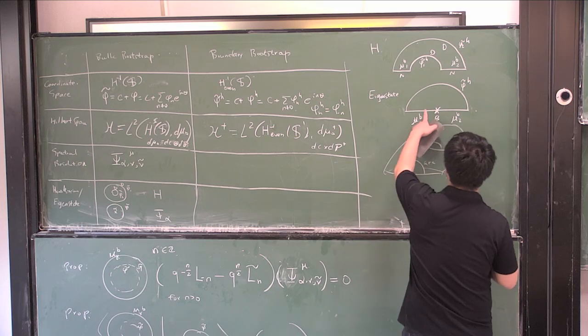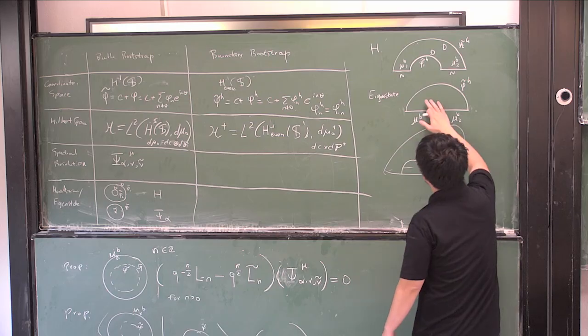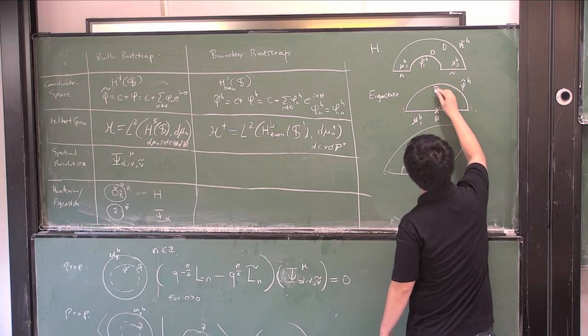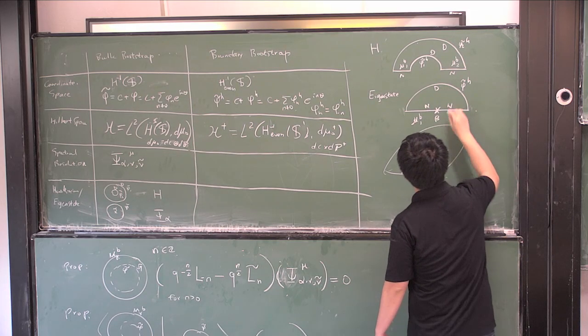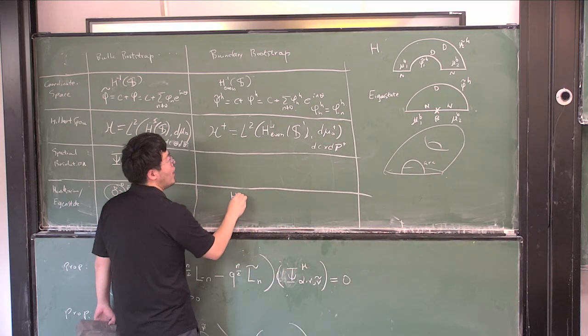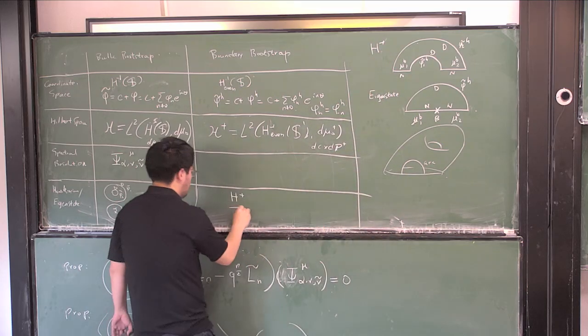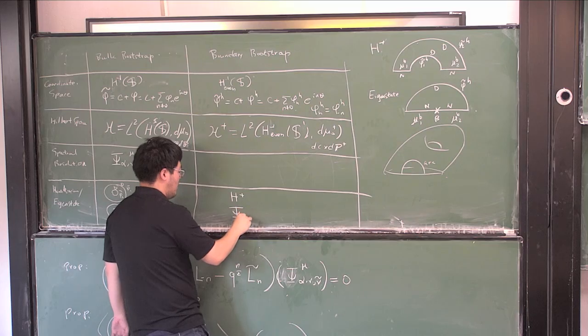When you define the amplitude, you need to introduce a Gaussian free field, and the Gaussian free field you choose has the Dirichlet boundary condition and the Neumann boundary condition here. This we call H plus, and for the eigenstate, we call it psi beta.